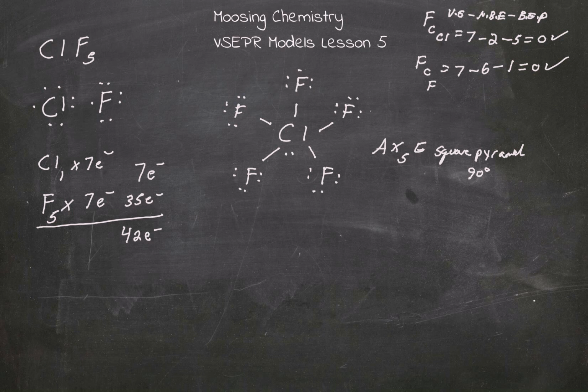Okay, so now we're going to do the hybridized orbitals. So chlorine, Cl. Now remember that sigma bonds, which are dashes, and lone pairs are what we use to determine the hybrid orbitals. Remember that S has 1.